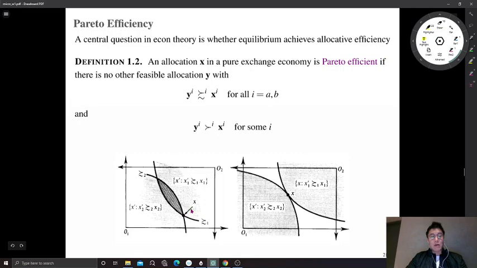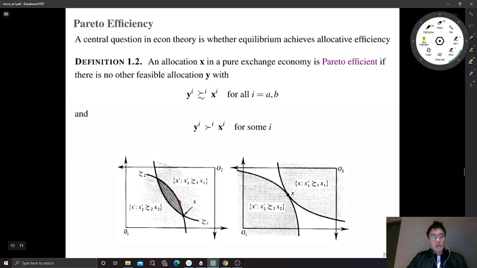So now we have allocation X here. Okay. Now we demonstrate this allocation X is Pareto inefficient. That is simply because we first can draw two indifference curves passing through this allocation X. Okay. They intersect. Thereby, it makes some kind of lens here. So this lens is surrounded by two indifference curves.